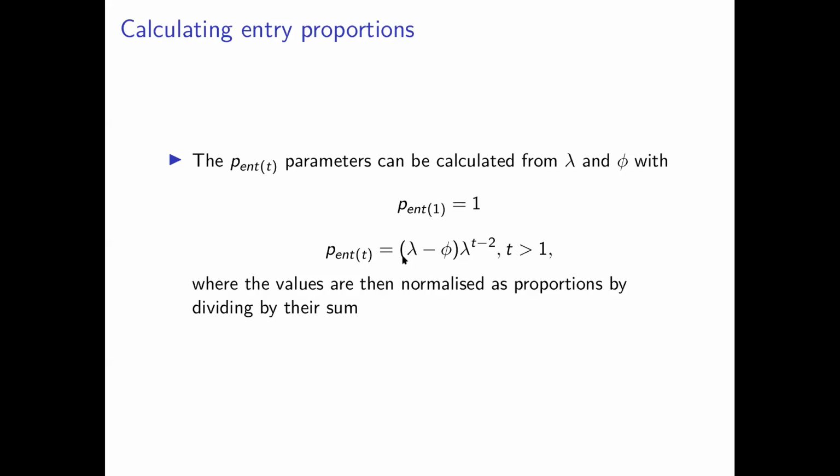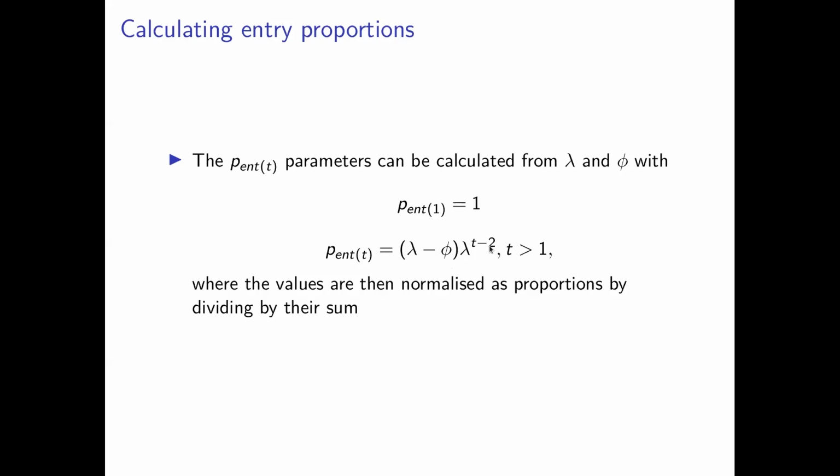And the newborn animals are the population growth rate multiplied by the population size minus the survival probability multiplied by the population size. So that's the new population size minus the number of animals that survive from the old population size. So that's just the newborn animals.